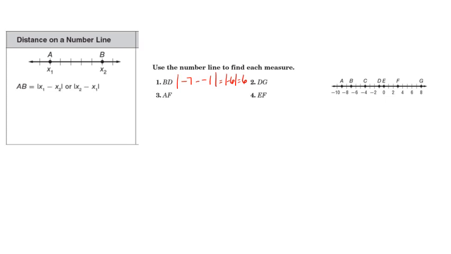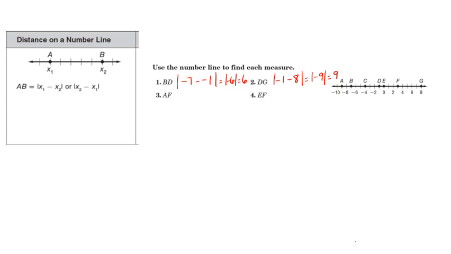If we want to find the distance of DG, D is -1, G is 8. So we subtract those and find the absolute value. So -9, which would be 9. If we want to find the distance between A and F, so how far is AF?